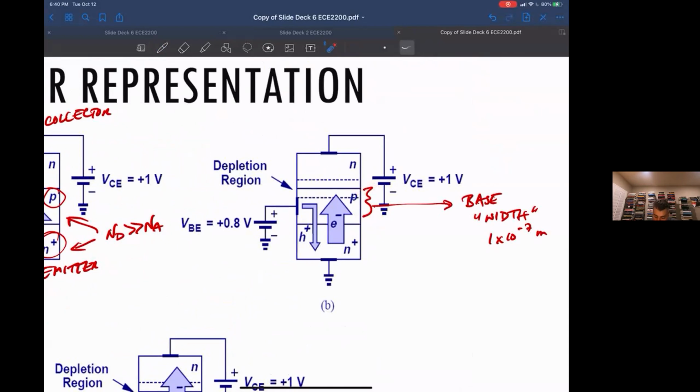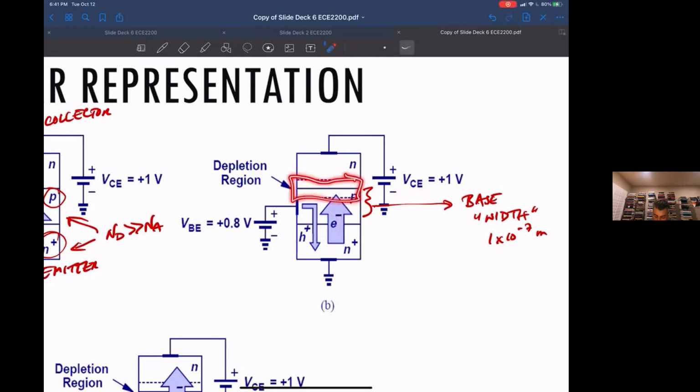That means that these electrons, as they go into the base, are so physically close to this depletion region that the majority of them just get pulled into the depletion region. They go straight from the emitter across the base, because the base is so thin, incredibly thin, and they end up in this junction.